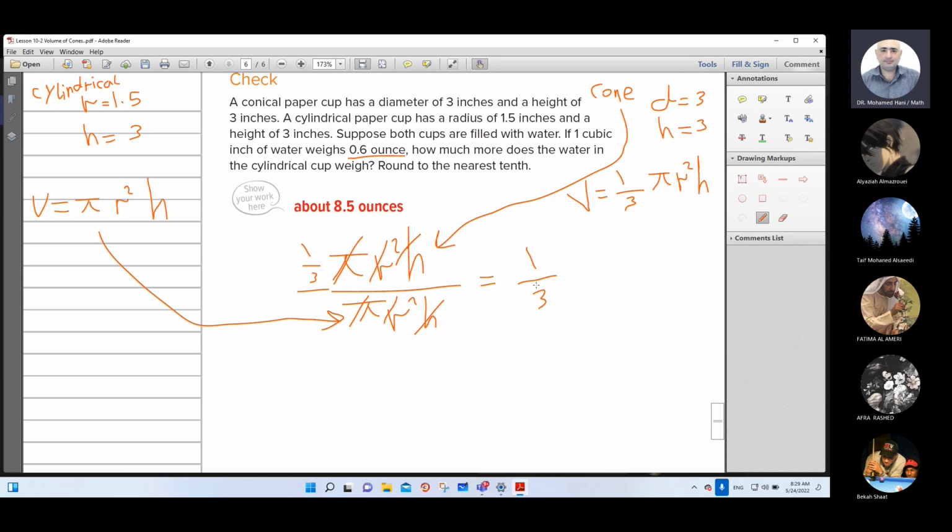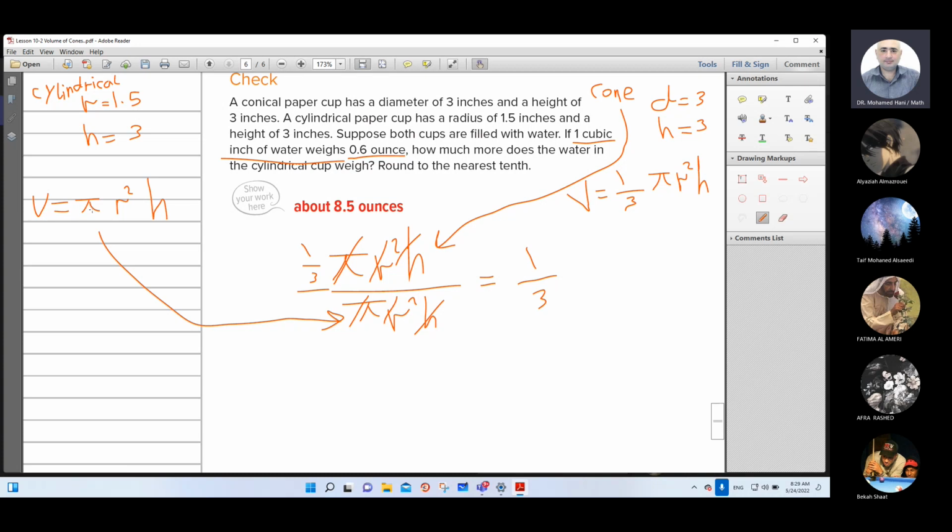How to find how much each figure weighs in ounces? As you see here, 1 cubic inch of water weighs 0.6 ounces. Then how much more does the water in the cylinder weigh?